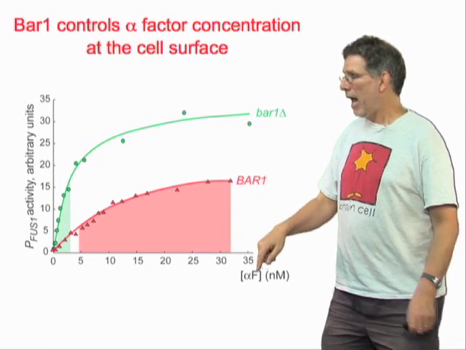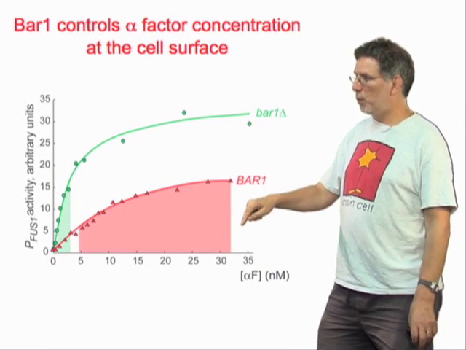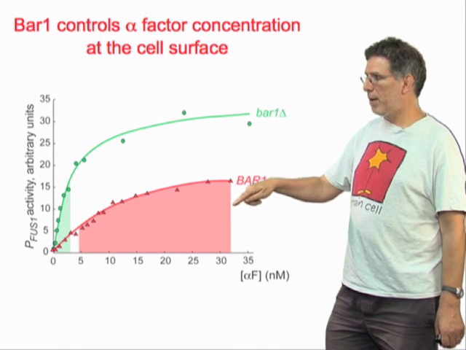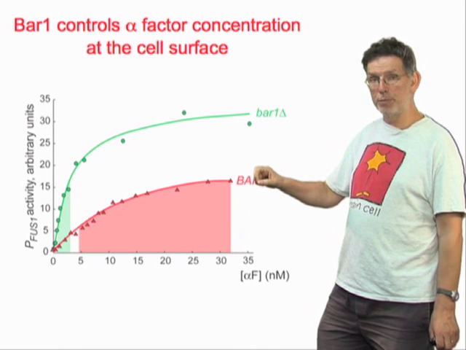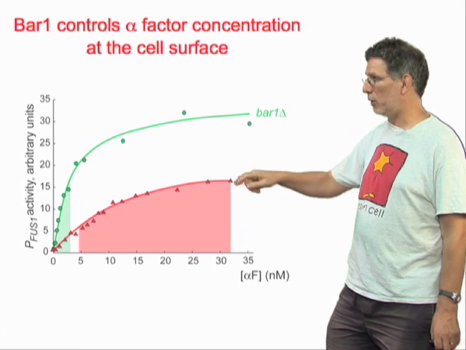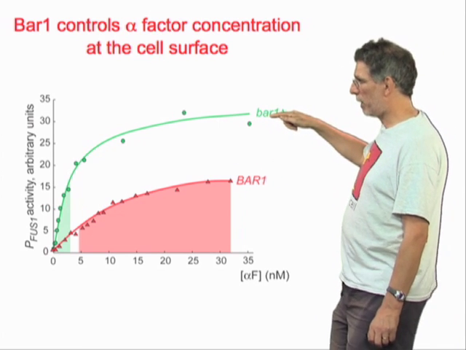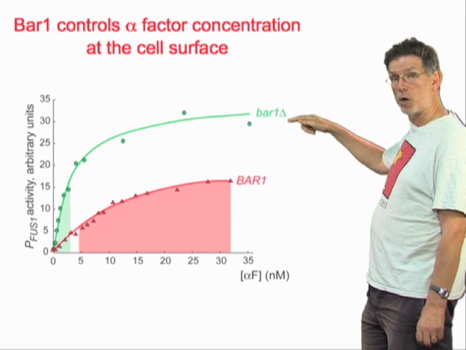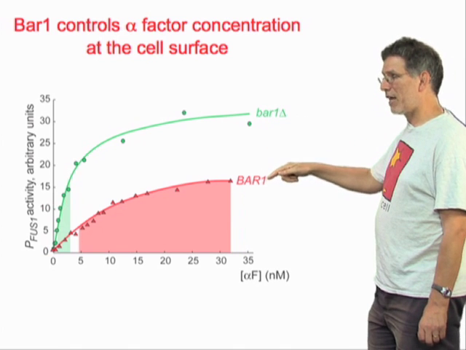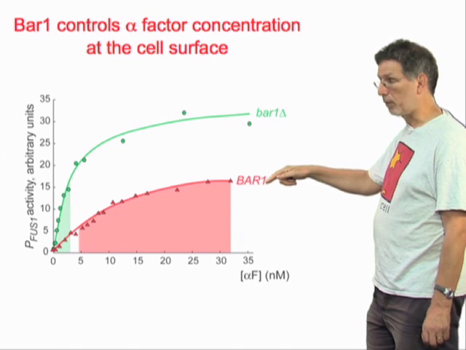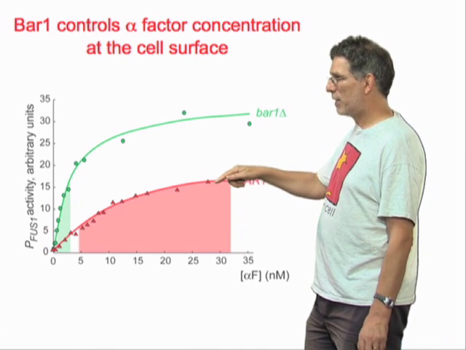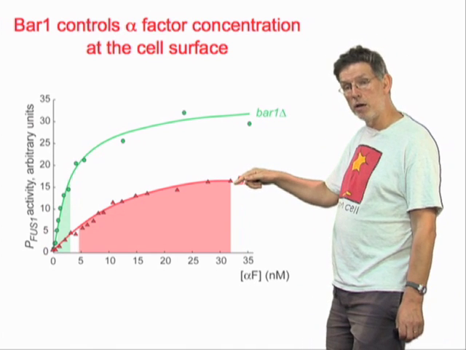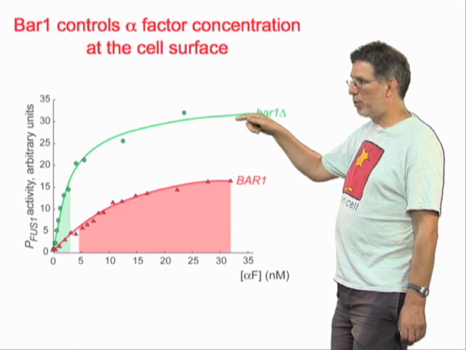Okay? And we can do an experiment where we ask what happens if we compare the activity of the Fuz1 promoter in 2 sorts of yeast cells. These cells here, again, this is data I've shown you before. These are cells that lack the bar 1 gene. These are guys that have the bar 1 gene. Okay? And what you will see is that at every concentration of pheromone, the cells that have the bar 1 gene induce the Fuz1 promoter less strongly.